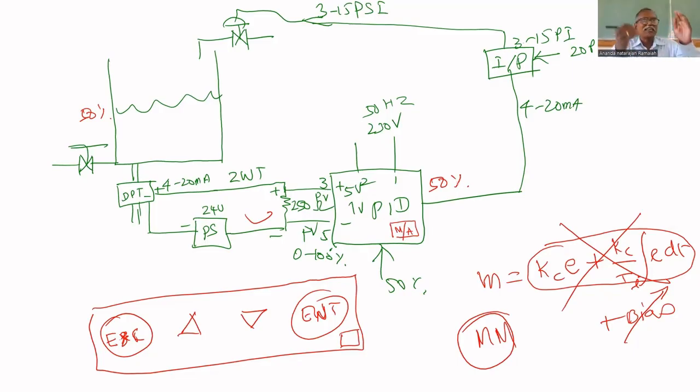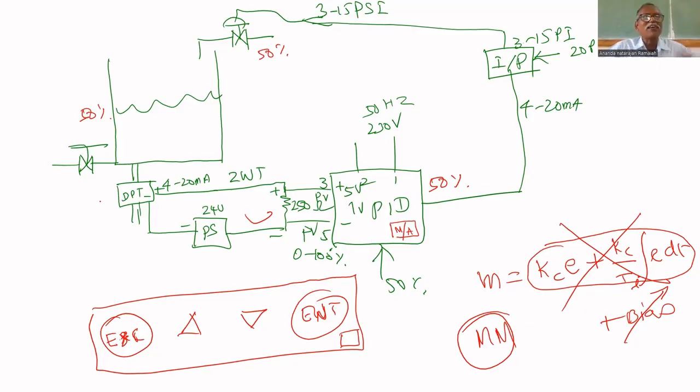Now the level starts increasing from 0. Let us assume that this outflow valve is open to 50%. After some time, say 20 minutes, the level comes to 50%.